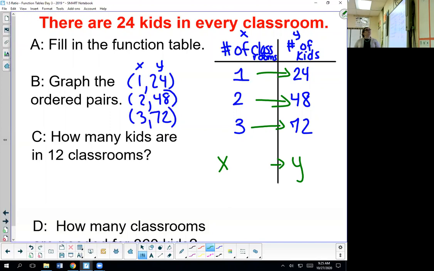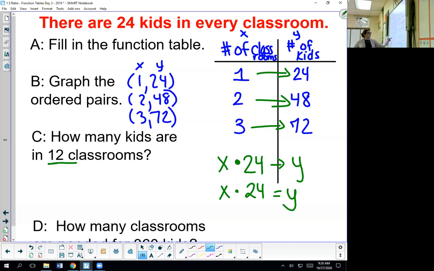Well, 24 kids for every classroom, you are multiplying by 24. Going across, not up or down, across. You always go across. What's the relationship between your X and your Y? By the way, this is an equation. You could change it to this. It's an equation.